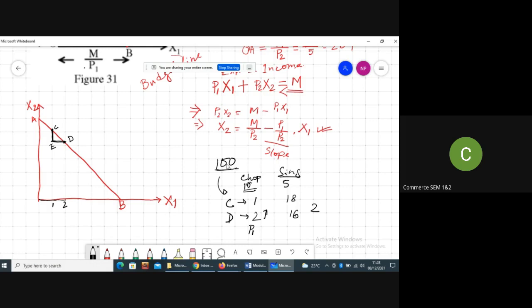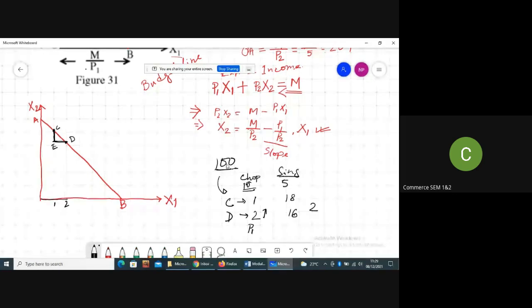So you need 10 rupees extra. Because when you are at point C, you have already spent your 100 rupees. Now, if you want to purchase one more additional unit of X1, you need this extra 10 rupees, which is the price of commodity 1, the price of chop.